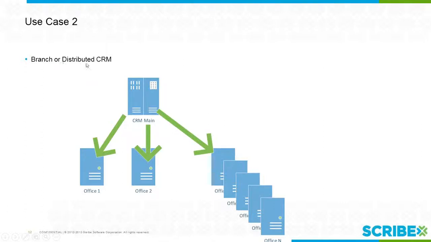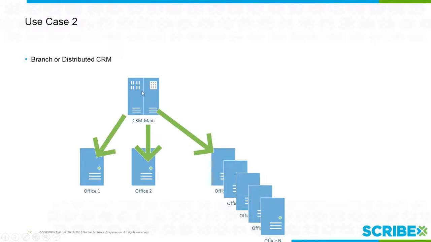And when I talk about distributed CRM, we think about this: the offices themselves may own a record, and what I see in Office 1 would be different from what is in Office 2. It wouldn't be replicating all the data from the main system to all the different branches.